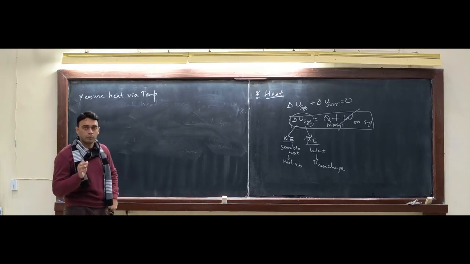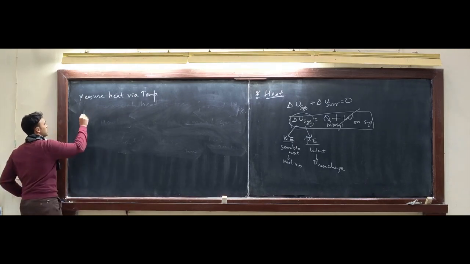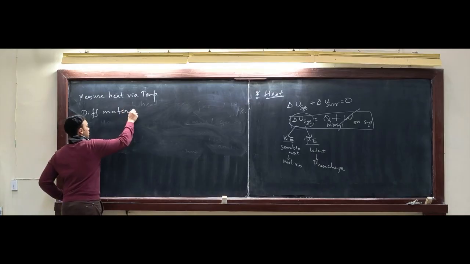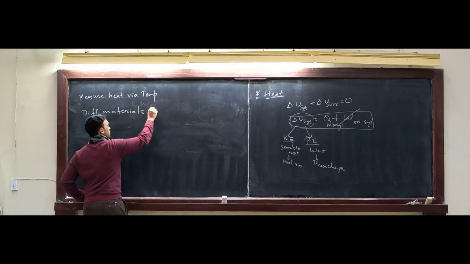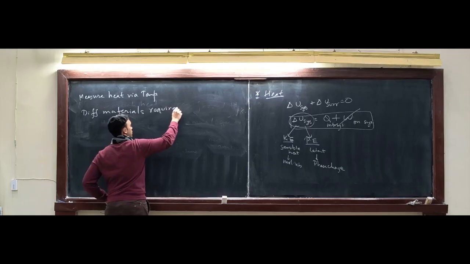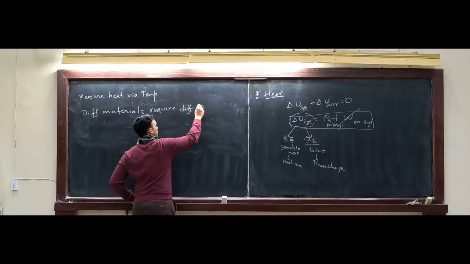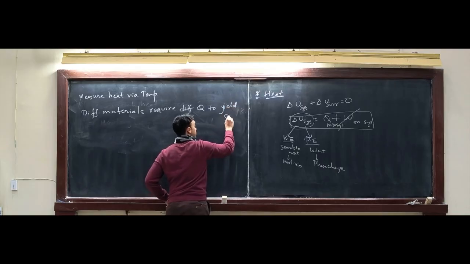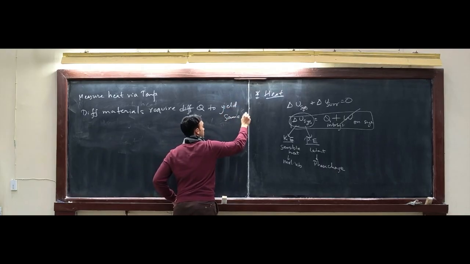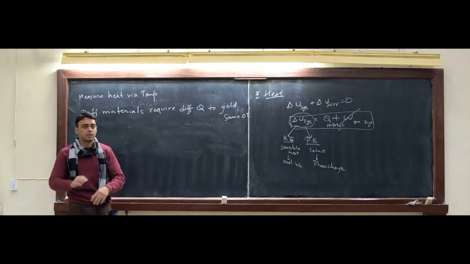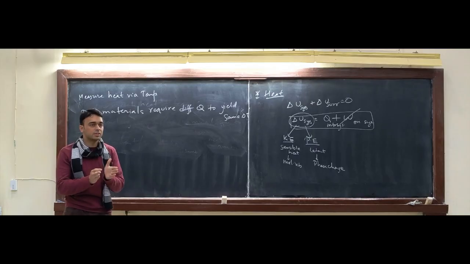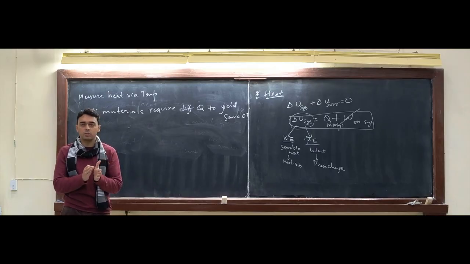So we also intuitively know that different materials require different heat to yield the same delta T. I've just reversed the argument. If you want to cause a delta T change in temperature, different materials would require different heat. Yes?